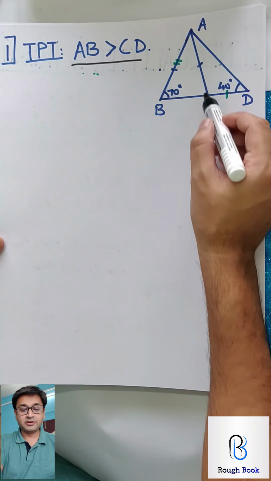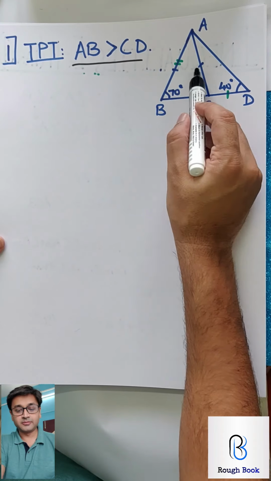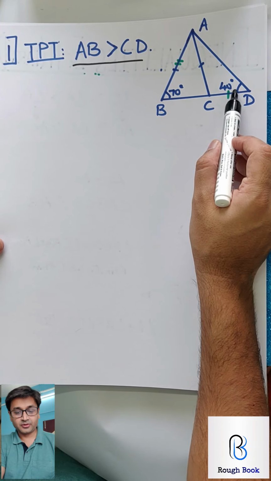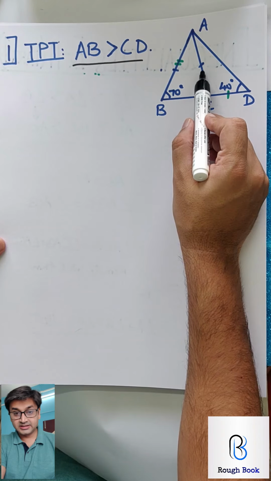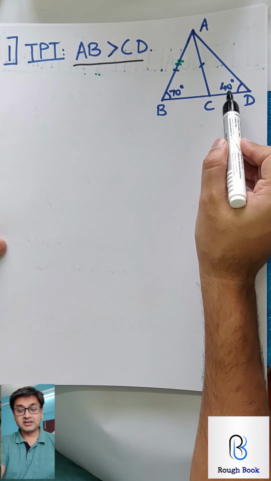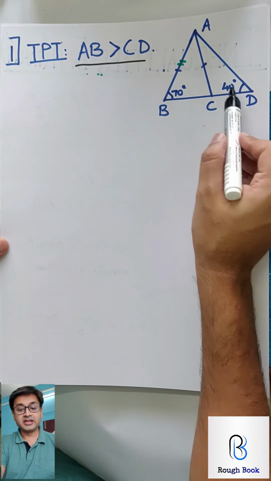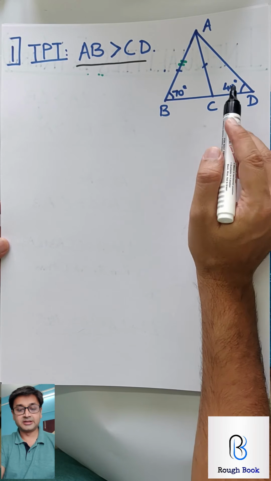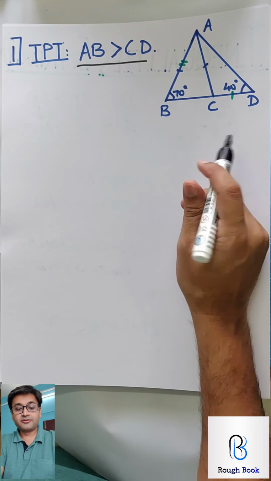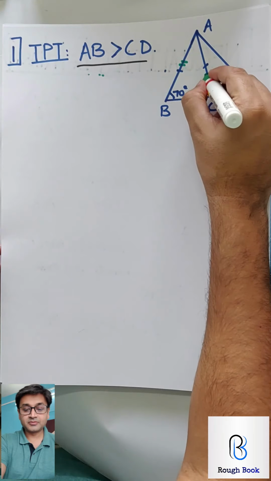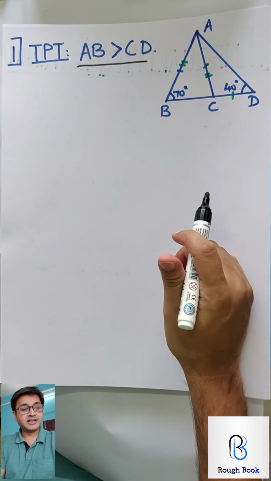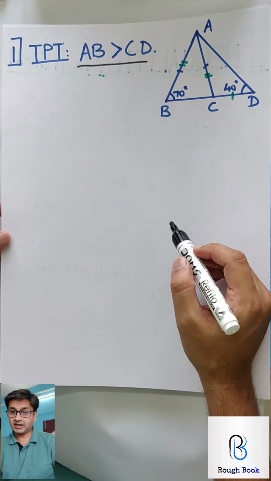You already know AB is equal to AC. It's given. This is 70 and 40, given. Now if AB is equal to AC, then if I prove AC bigger than CD, automatically AB also becomes bigger than CD. So now I have transferred from AB to AC. If I can prove AC is bigger than CD, I am sorted.